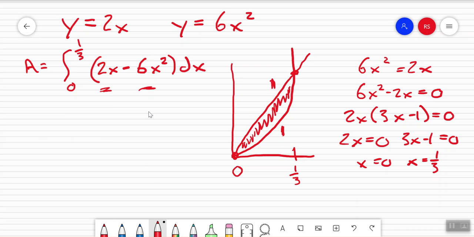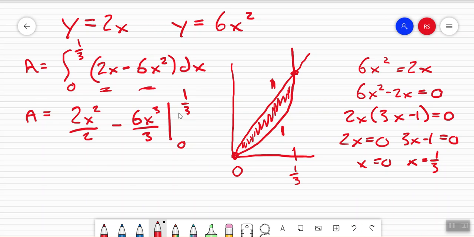The next thing to do is to simply go through and do the integration. This is a relatively straightforward integration problem. We're going to have 2x squared over 2 minus 6x cubed over 3, evaluated from 0 to 1/3. This, of course, simplifies a little bit. We can cancel out those, so we have x squared, and of course 3 goes into 6 2 times, minus 2x cubed, evaluated from 0 to 1/3.